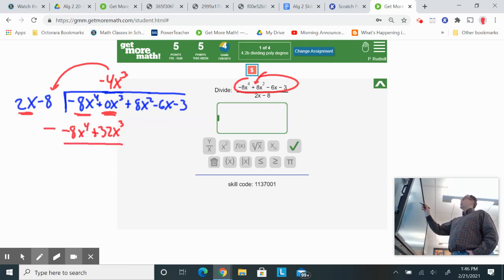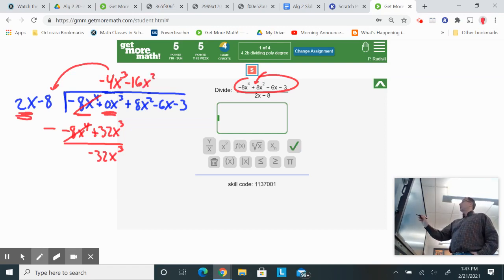When I go to subtract, the x to the fourths are eliminated. But 0x cubed minus 32x cubed is negative 32x cubed. So back to the 2x. I need to multiply by negative 16. So I'll put a minus 16 there. And I need x cubed, so I need x squared here, because x squared times x is x cubed.